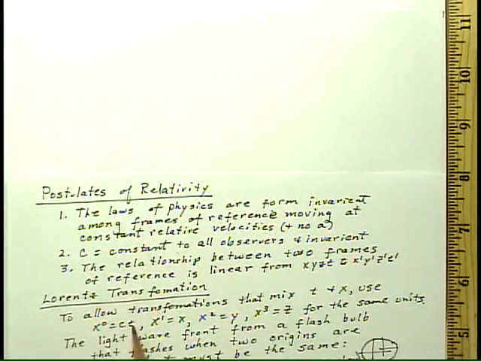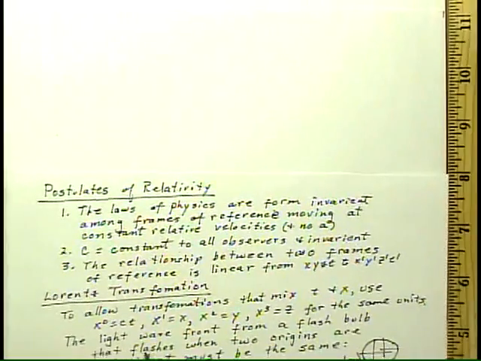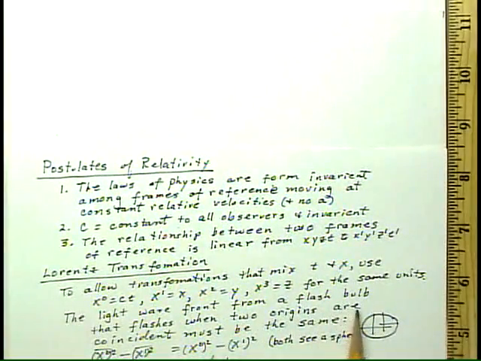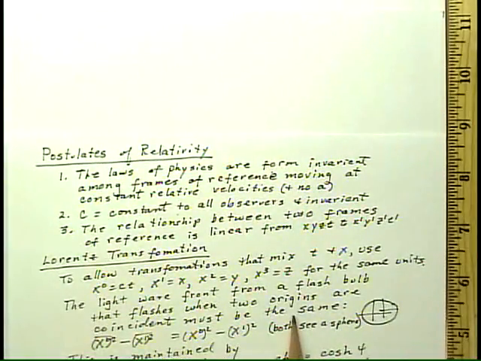So if we look at 1 second, rather than measuring it in 1 second, we would measure it in the distance that light would travel in 1 second, which is 186,000 miles, or 3 times 10 to the 8th meters. The light that we mentioned last time in that wavefront from a flash bulb that flashes when the two origins are coincident must be the same.